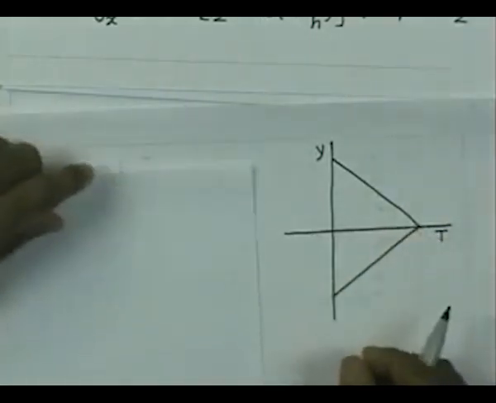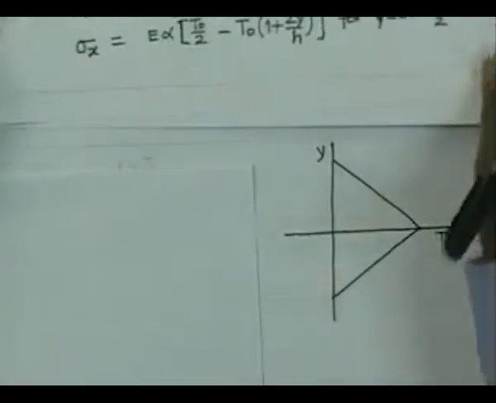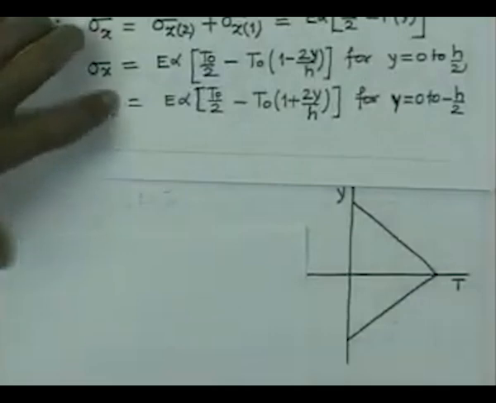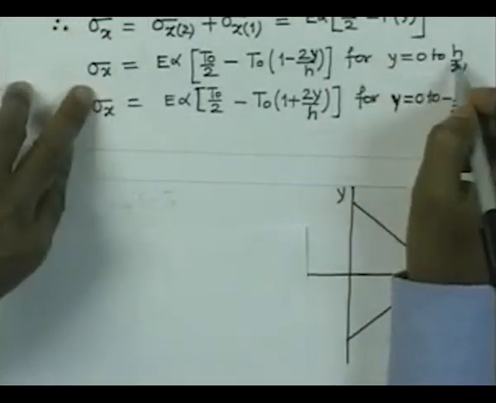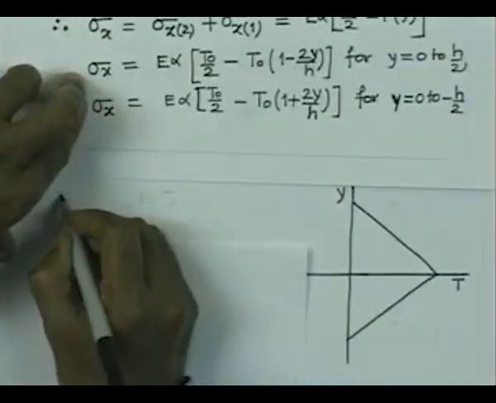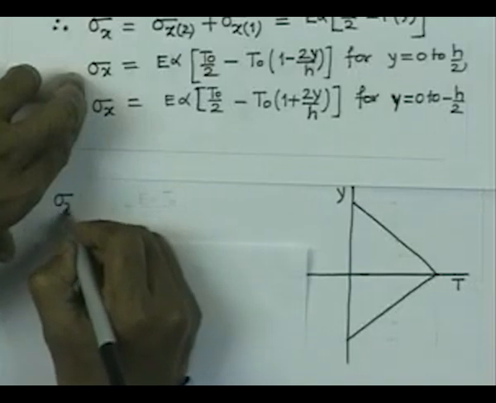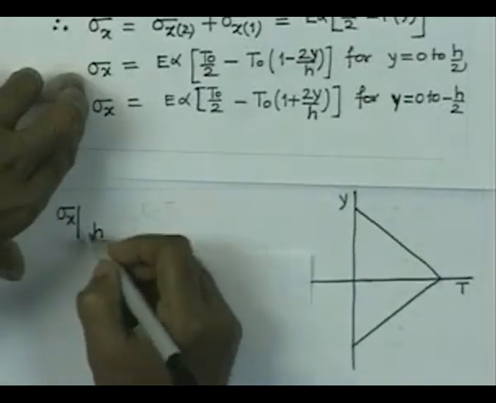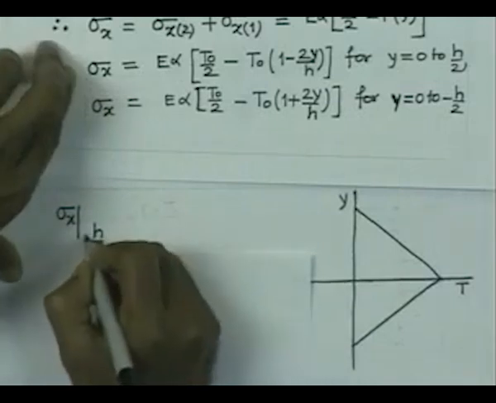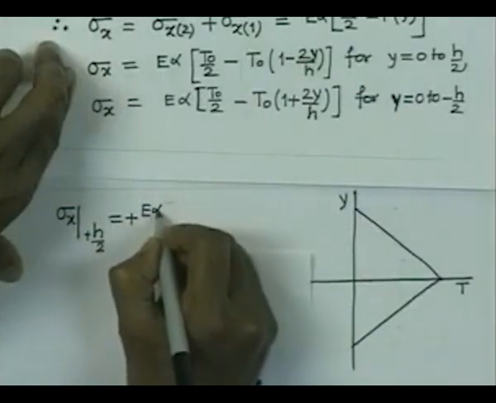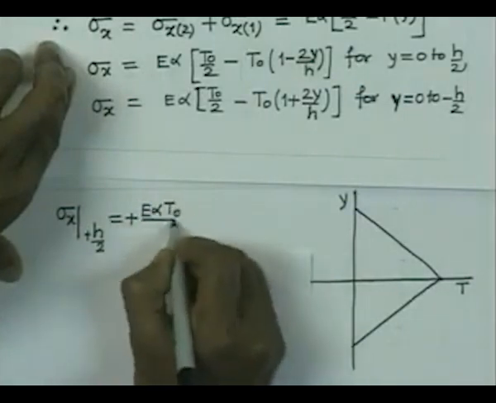And now, from the expression that we have derived, if we take the value of y equal to h by 2, this cancels and the stress is going to be E α T0 by 2, it is positive. So, σx at h by 2 is E α T0 by 2.